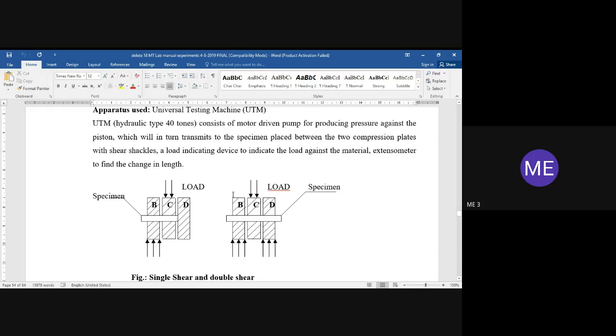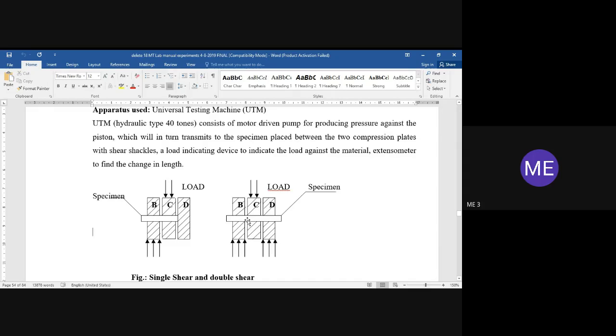In the first diagram, there is only one cross section area, between B and C. For the first diagram, shear stress is equal to force divided by A.